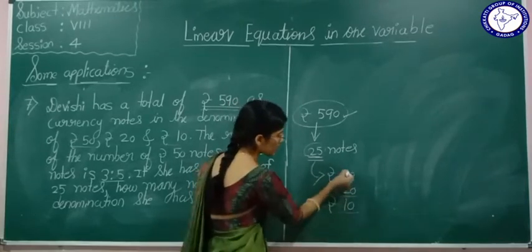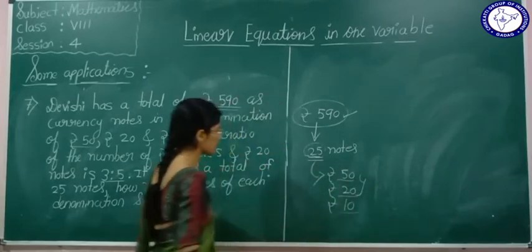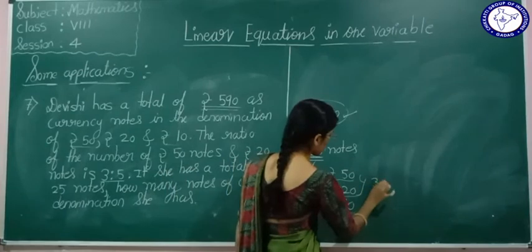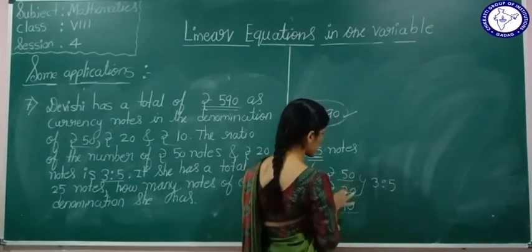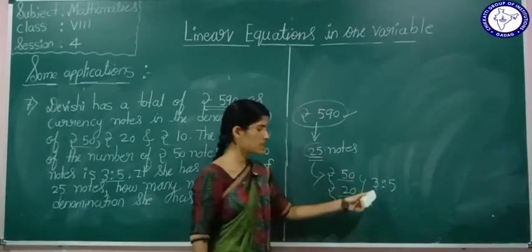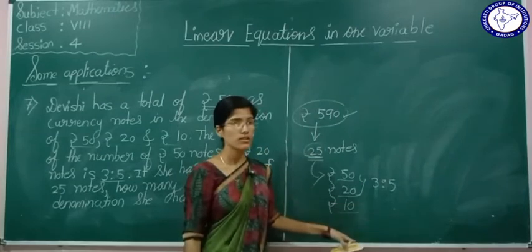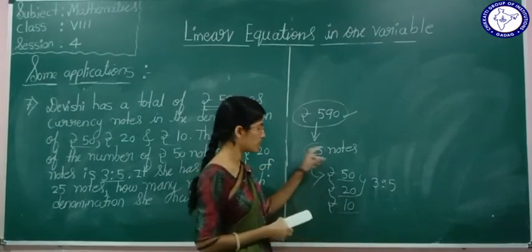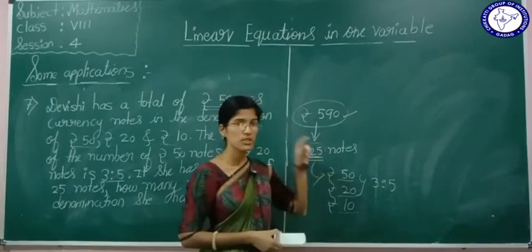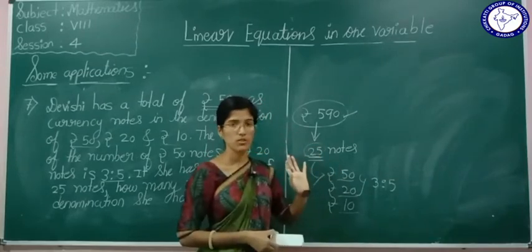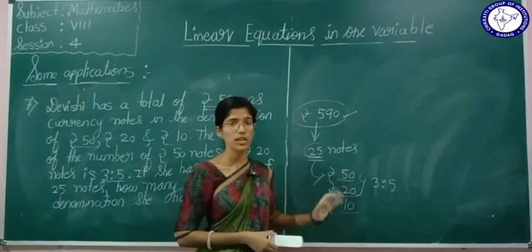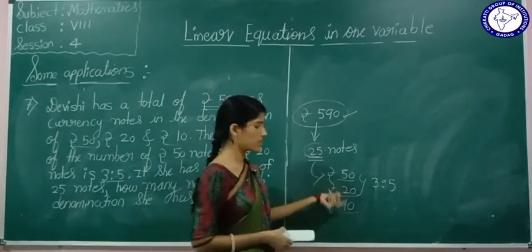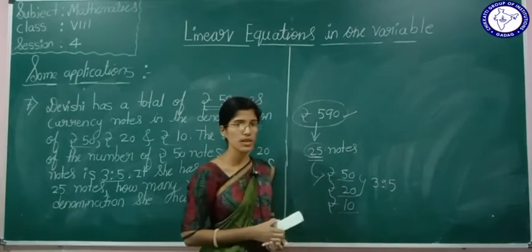They have given the ratio of 50 rupee notes and 20 rupee notes as 3:5. So we are going to calculate how many 50 rupee notes, 20 rupee notes and 10 rupee notes she has.